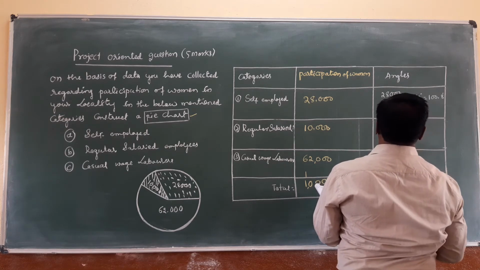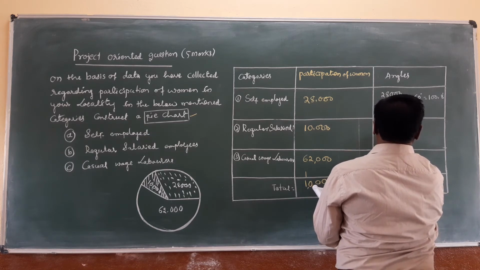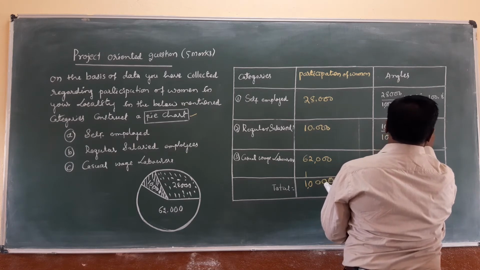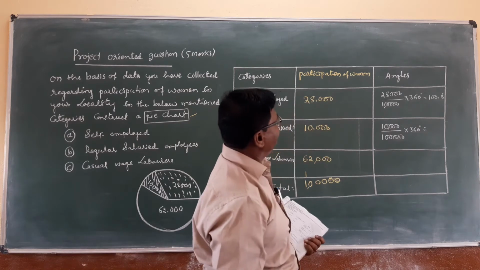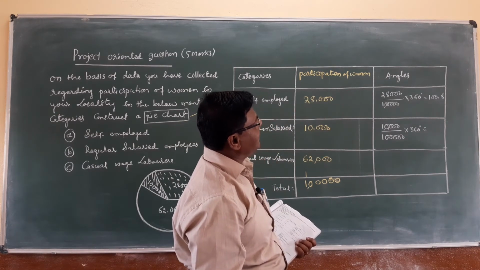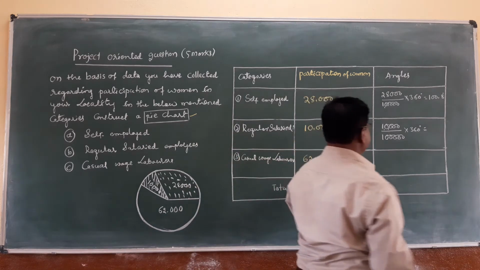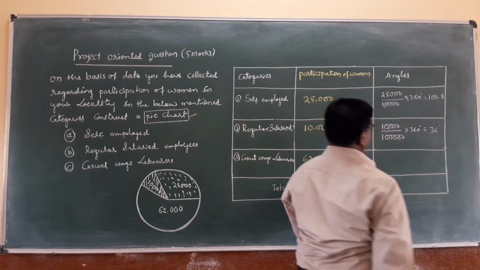And for the regular salaried employees, 10,000 divided by 1 lakh into 360 degrees is equal to 36 degrees.